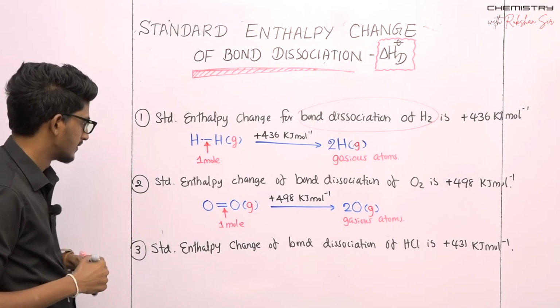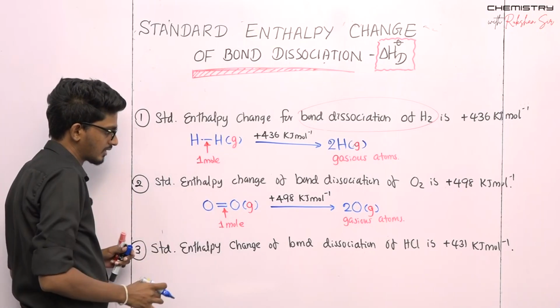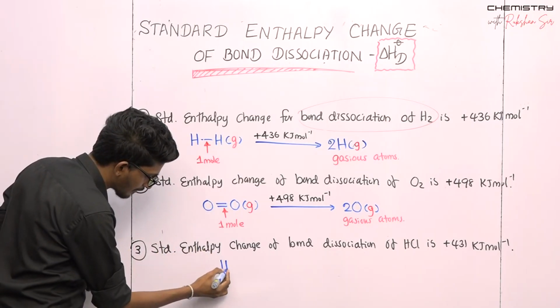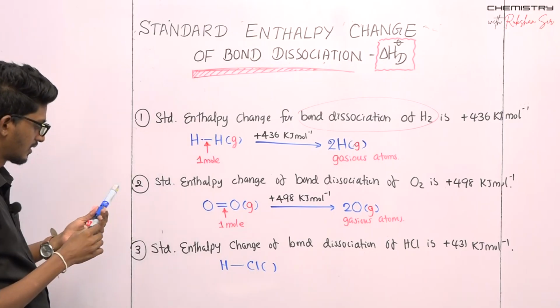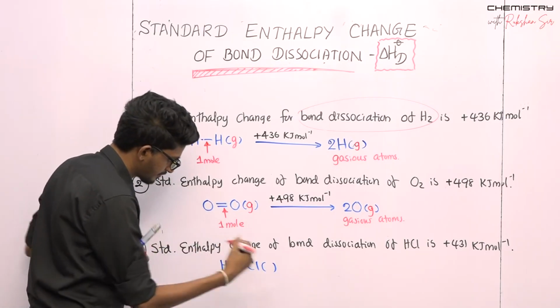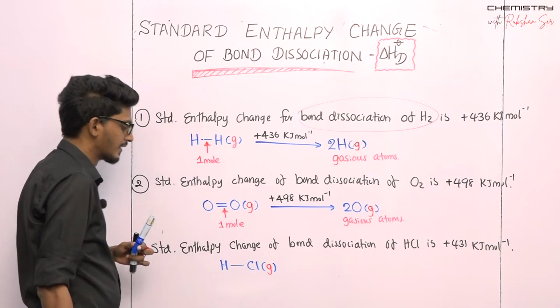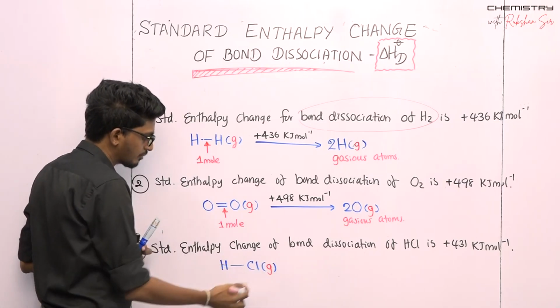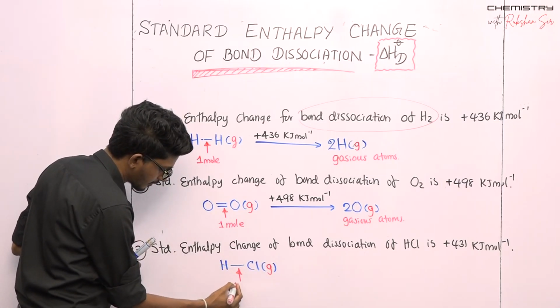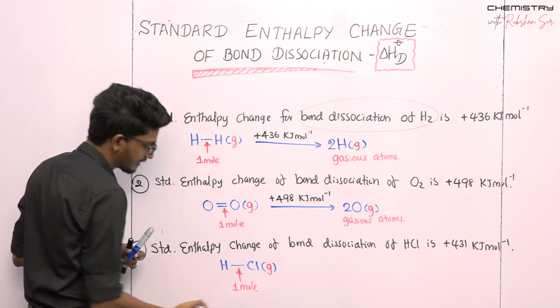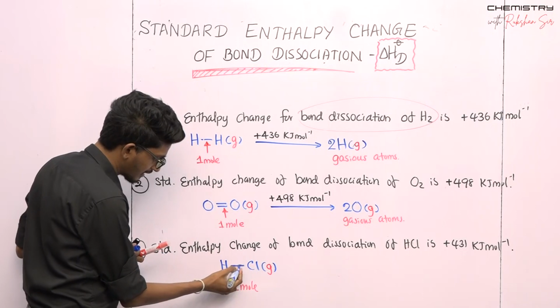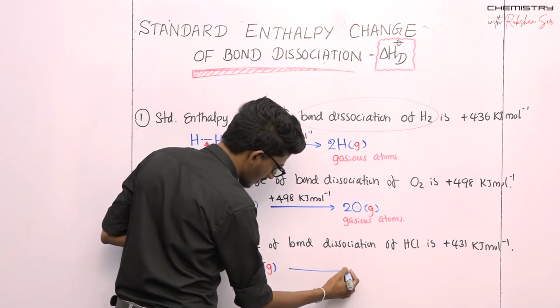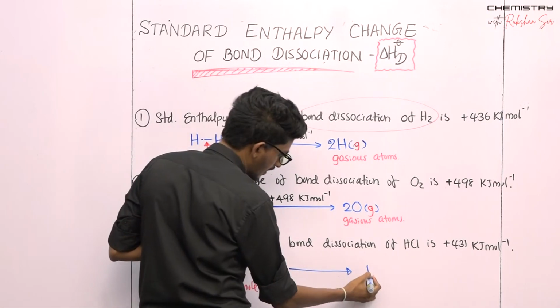Next one, for HCl. Not only for elements like this, but also for compounds, you can apply the bond dissociation enthalpy change. Again, it should be all about gaseous bonds to break. This is where the 1 mole stands. If you break this 1 mole of bonds in HCl, you will form 2 kinds of atoms.